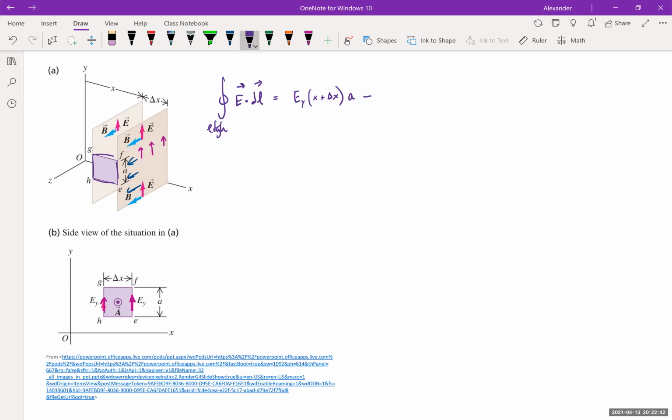Now, the dot product for path GH will be negative, so we're walking GH, but the field points from H to G. But the rest of the logic is the same.